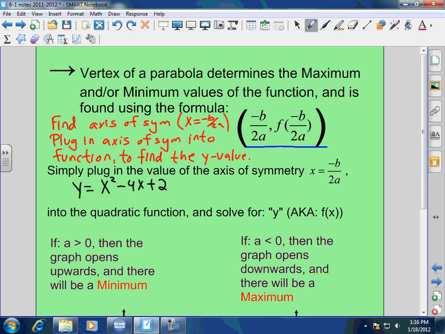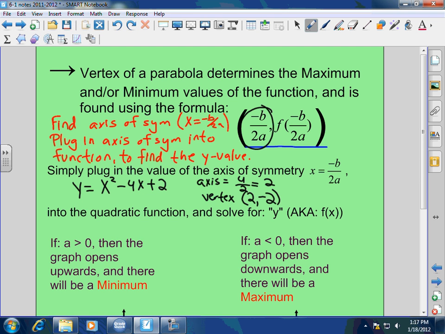The axis of symmetry is going to equal negative b over 2a, which in this case is 2. So my vertex will equal 2, because that's the x value, negative b over 2a, and you plug that 2 into the function. 2 squared is 4, minus 8 is negative 4, plus 2 is negative 2. Now I have my vertex.